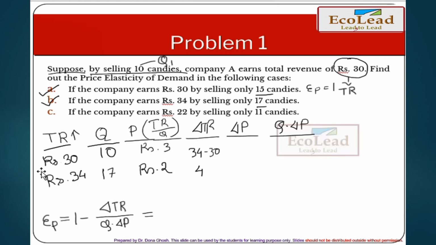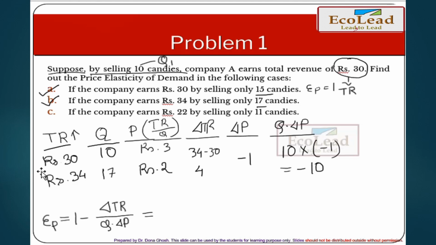The change in price will also be the same, that is minus 1. Now if we find the value of Q multiplied by del P, it is 10 multiplied by minus 1, which is again minus 10.